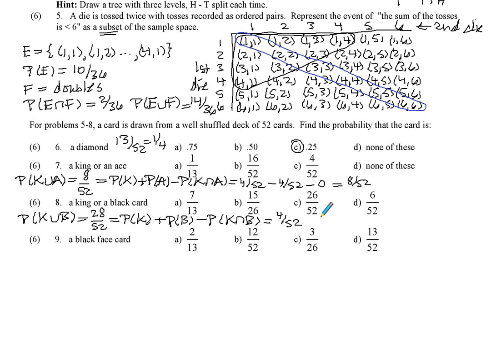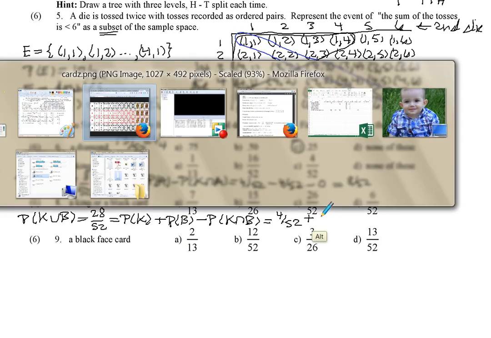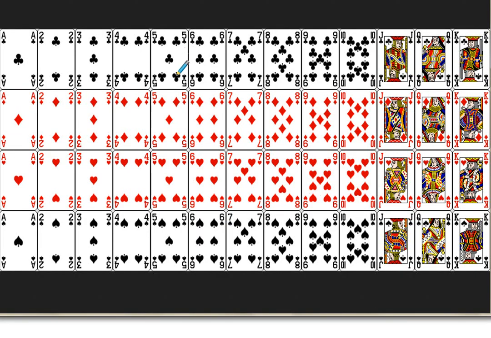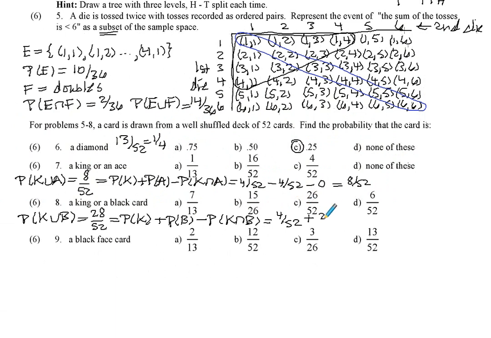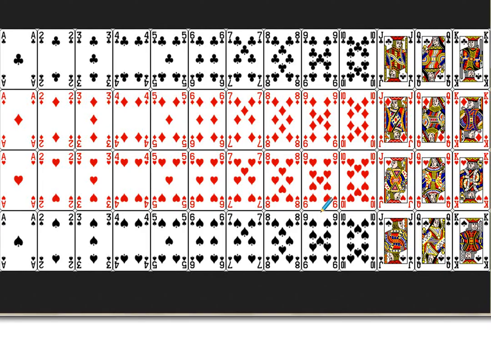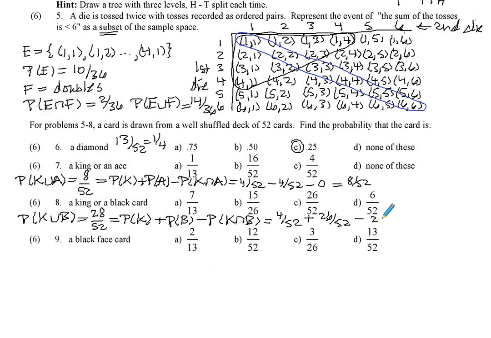And we are going to add probability it's black. Half the cards are black and half are red, so 13 and 13 is 26 black cards, plus 26 out of 52, and then subtract out the black kings. There are 2 black kings, the spades and the clubs. They got counted twice, once in the black cards and once when you count the kings, so you have to subtract them out. So minus 2 out of 52.